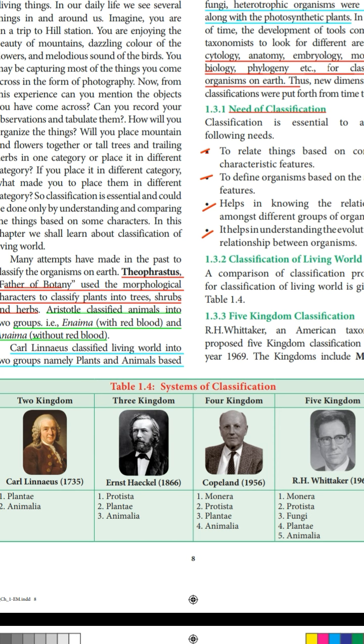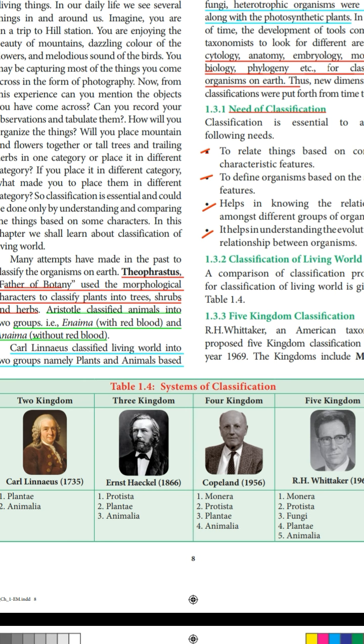Later, in 1866, Ernst Haeckel gave a three kingdom classification. One more kingdom was added here, kingdom Protista, which included both unicellular eukaryotes as well as prokaryotes.